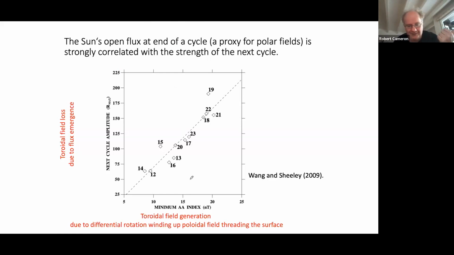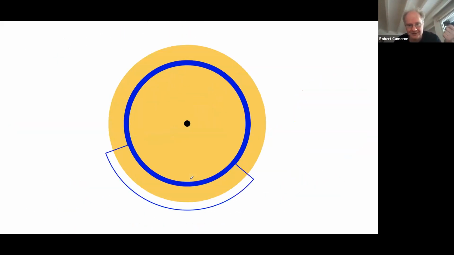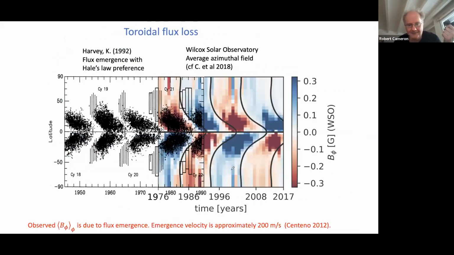So what we have in favor of the Babcock-Leighton model are, first of all, okay, let me go back. We see it here: in one hemisphere at maximum, you've got one polarity flux.